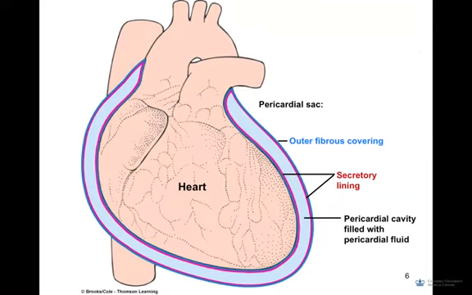So if we look back at the heart placement and structure, the heart contains, like we saw with the pulmonary tissue with the lungs, a series of serous membranes that covers its exterior.